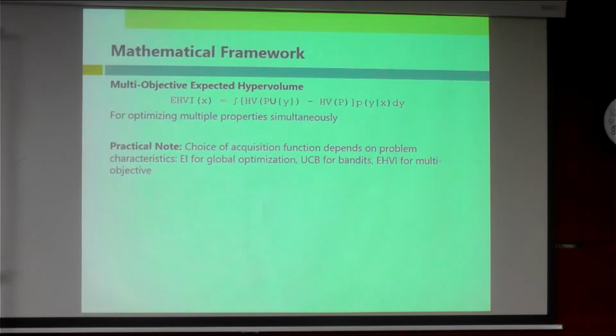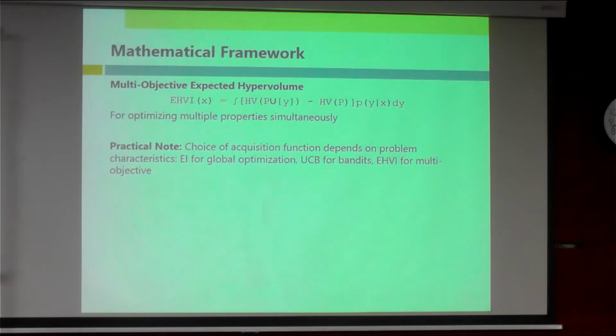Next, in real material applications, we rarely optimize just one property. We want high dielectric constant, low leakage, and thermal stability. In the case of semiconductor materials, that is where we need multiple properties. It's not just one property, so it becomes more complex.